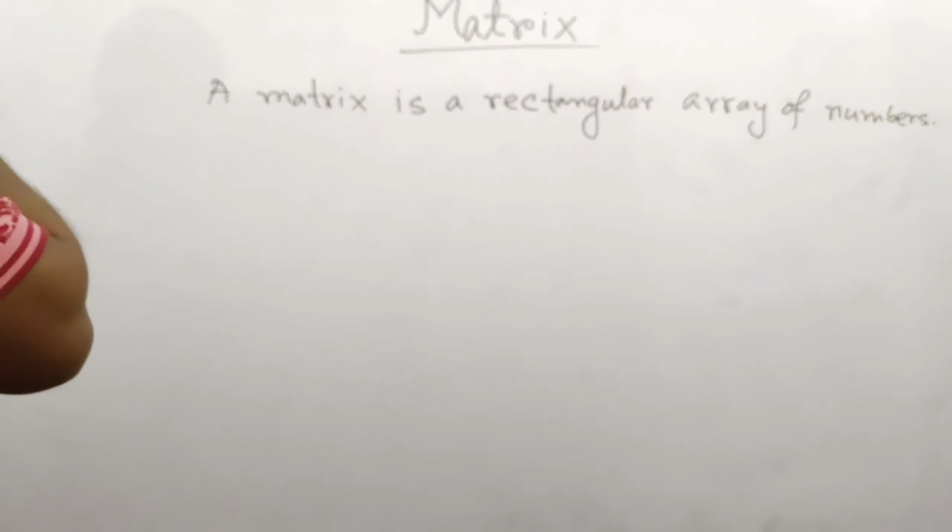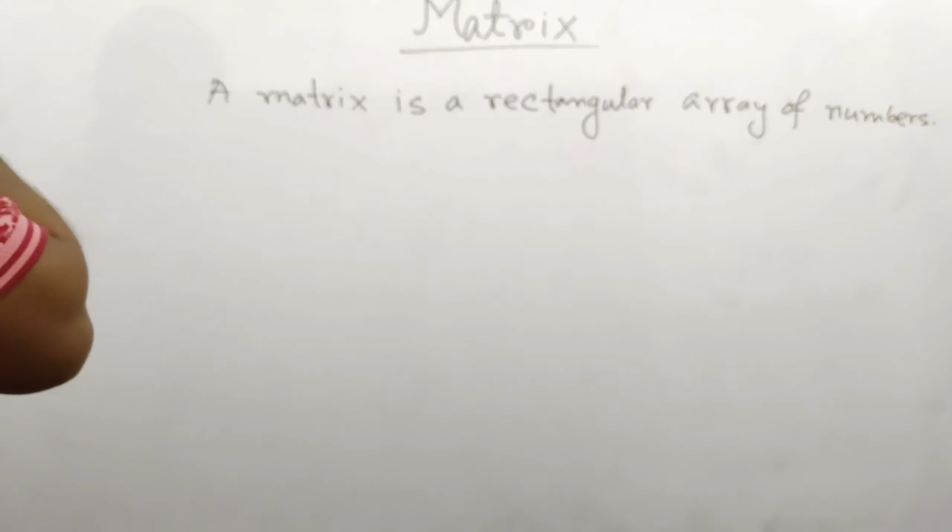Okay, number 2, row and column matrix. If a matrix has only one row or only one column, that is called a row matrix or column matrix. A row matrix should be like that, just A1, A2, A3.